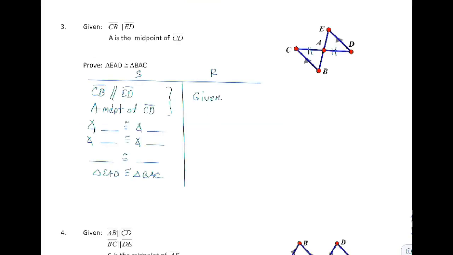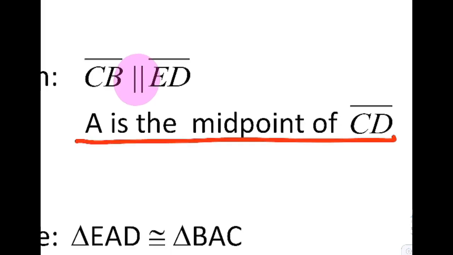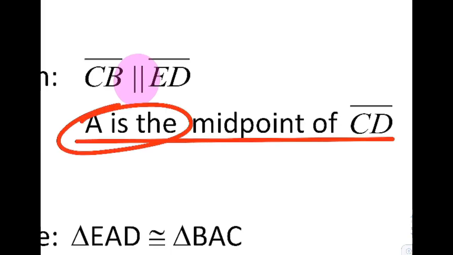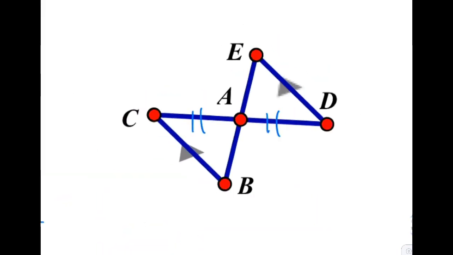Okay, number 3. Two pieces of given information. Again, parallelism. CB is parallel to ED, which means I'm going to have alternate interior angles somewhere. And then also, A is the midpoint of CD. No congruences, but this is going to lead to one. So CB is parallel to ED.